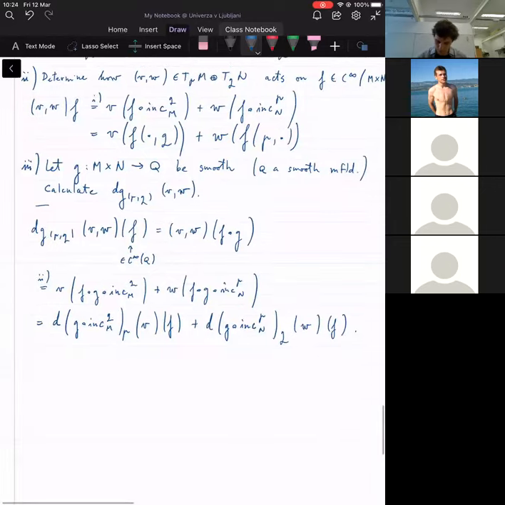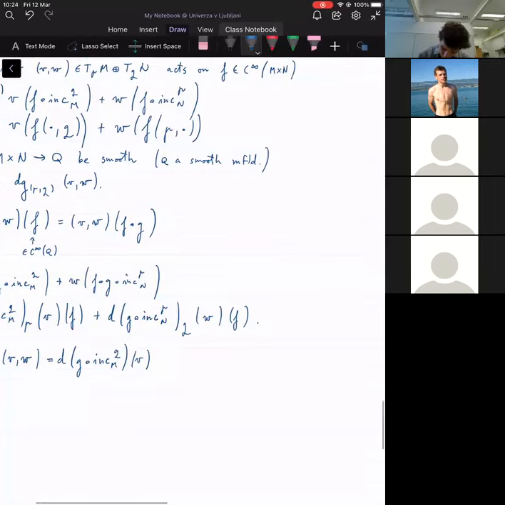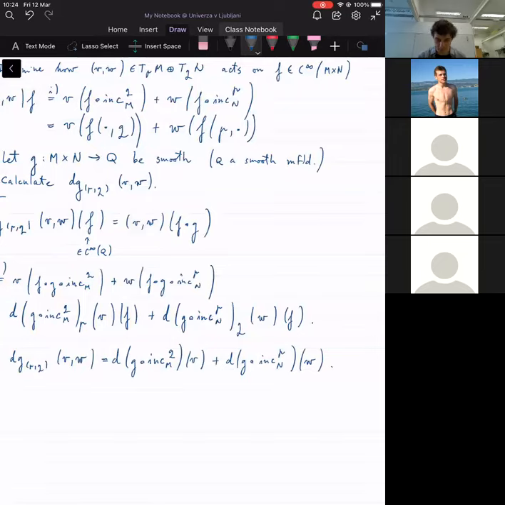Okay. So this now implies, since this holds for any f, for any smooth function on Q, that dg at (p, q) on (v, w) is equal to just this first part. Right, we just omit this f that's here.